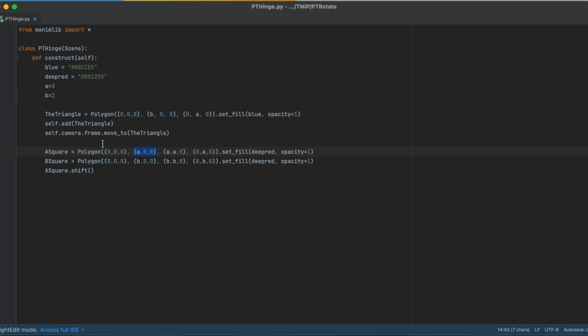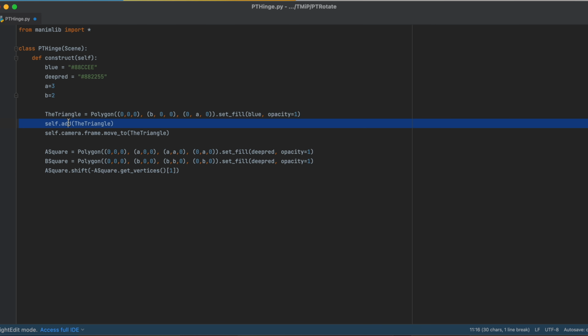I want to shift that so that it sits at the 0, 0, 0 of the triangle. So I want to shift the A square. And to shift the A square, I want to do it A square dot get vertices, and I think I want the first vertex. Again, this is the 0th vertex, the 1, the 2, and the 3rd vertex.